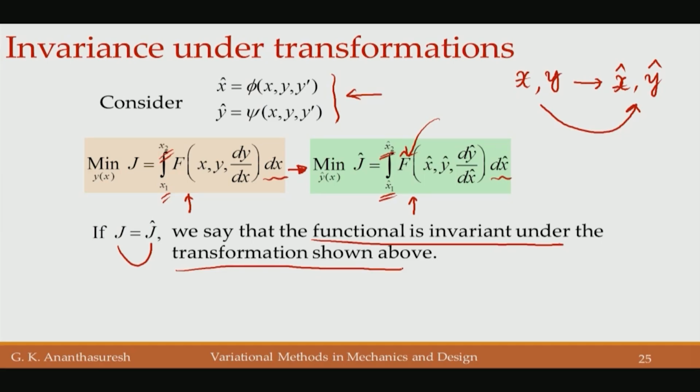J was dependent on x and y, we have integrated everything, it is a number, and we have J hat which is done in terms of x hat, y hat. If this is true, we say that the functional is invariant, it is not changing its value under this transformation. That is what we consider first.